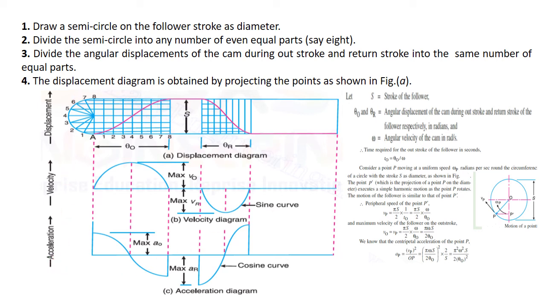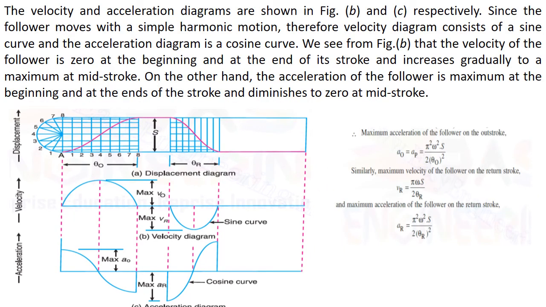Therefore here we have drawn the displacement, velocity and acceleration diagram for the follower when the follower moves with simple harmonic nature. In the last slide we discussed how to draw the velocity, displacement and acceleration diagram of a follower which moves in the nature of simple harmonic motion.